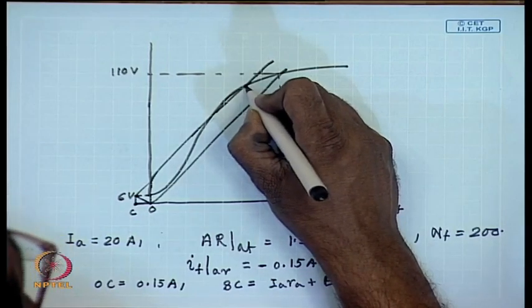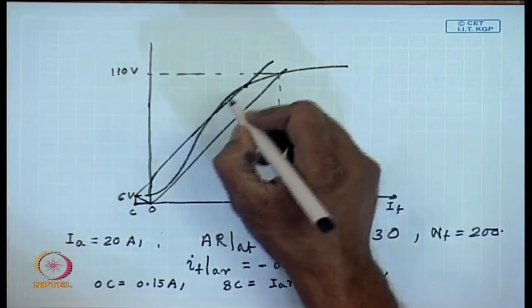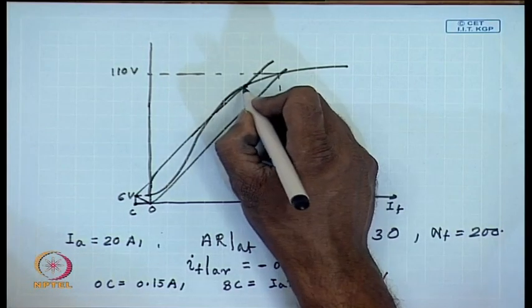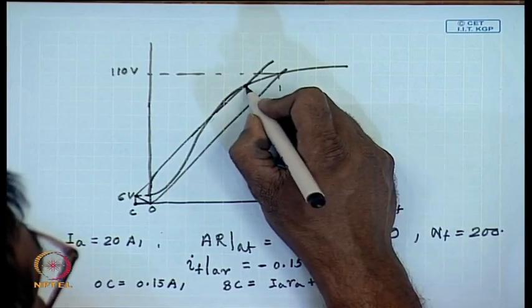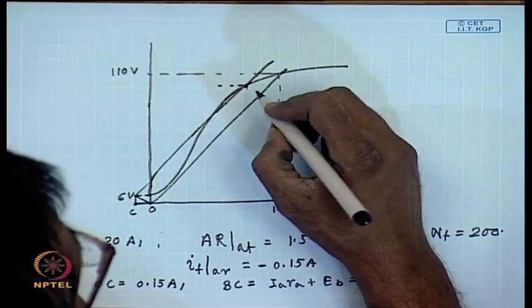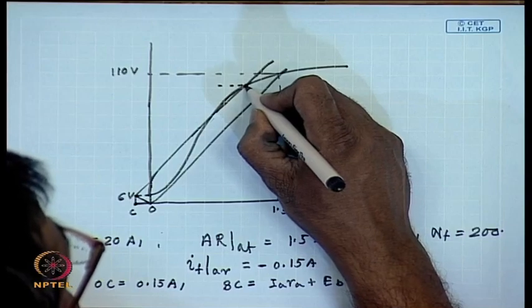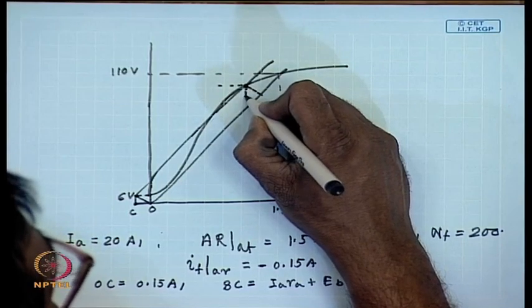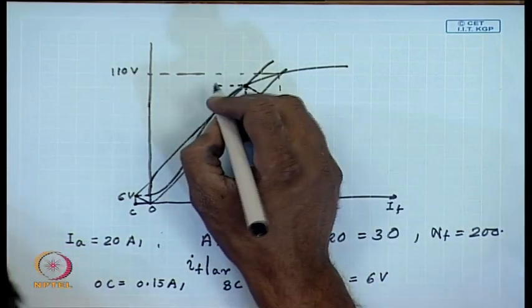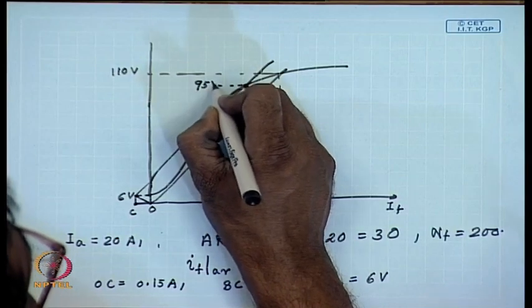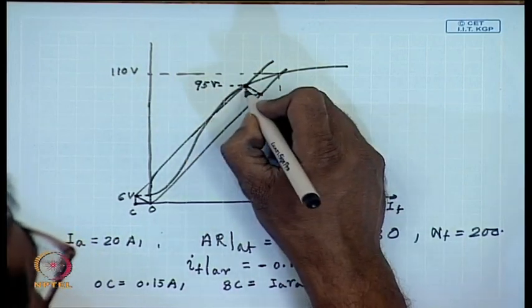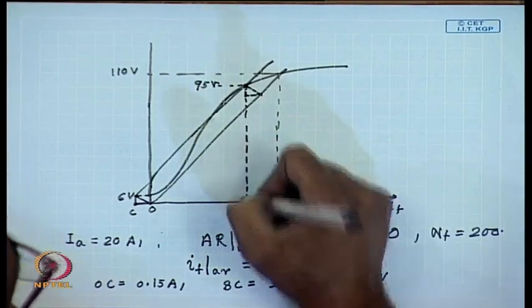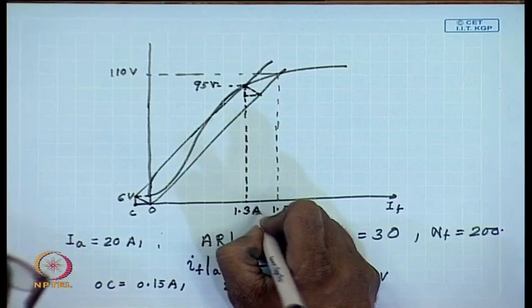This intersects at E equal to 95 volts, and the corresponding field current is 1.3 amperes.